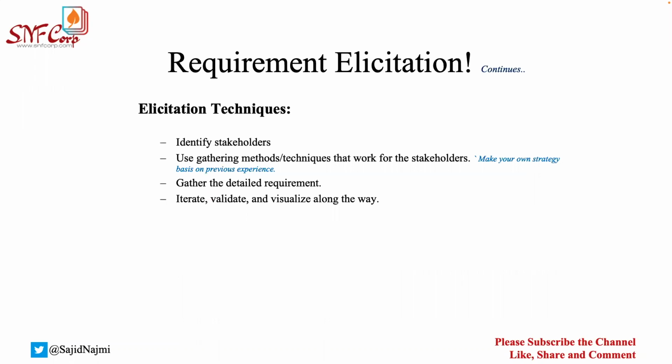Now, on a high level, what are the different techniques of elicitation? Number one, which is very, very important, is that you have to identify all possible stakeholders, because they are the ones who will actually provide you the requirements. They are the ones who will fund your project, use your software, and help you take this forward.